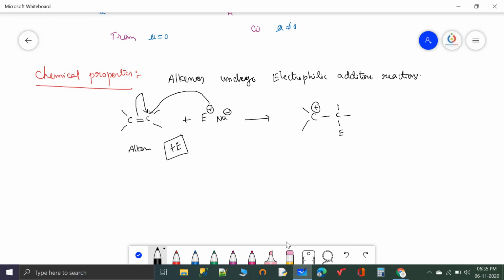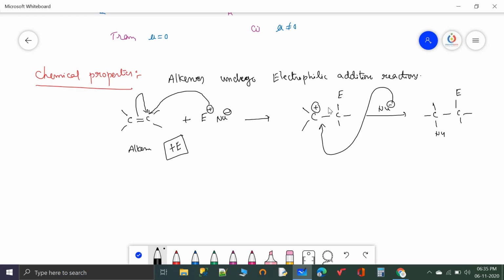I'll take from the other side, one minute. If the electrophile is on that side, then automatically the next step is the nucleophile. The nucleophile approaches from the opposite side. That's why generally we get products like this, with electrophile and nucleophile. In most cases this happens, but in some cases it may not.